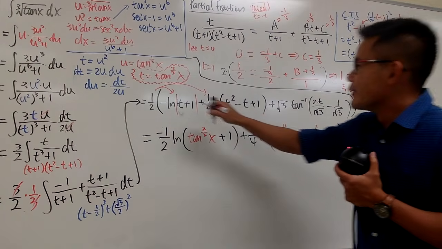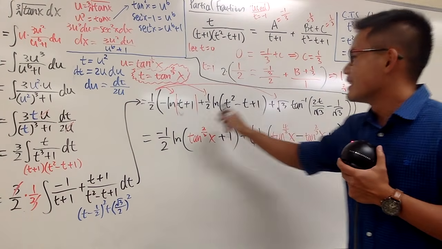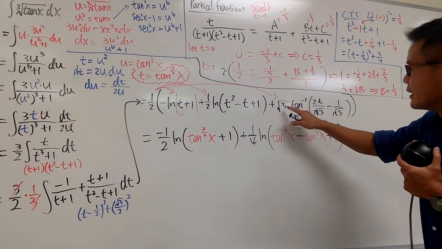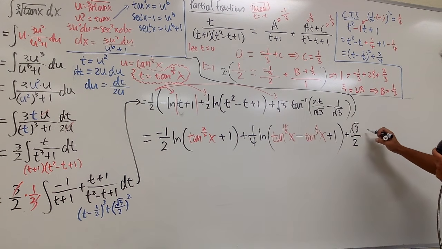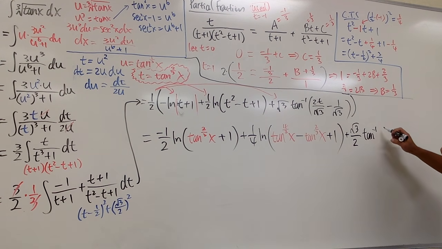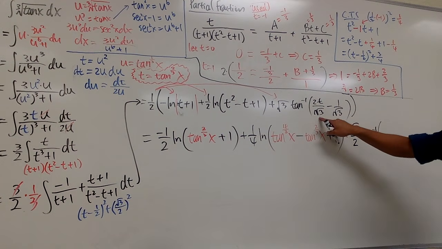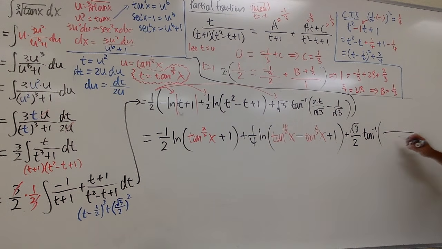And then we take this times that. 1/2 times square root of 3. So let me put down plus square root of 3 on the top over 2. And then this is the inverse tangent. All right? Open the parentheses. Because they have the same denominator, let me just put down the square root of 3 on the bottom like this. And here we have the 2, so let me put down the 2.